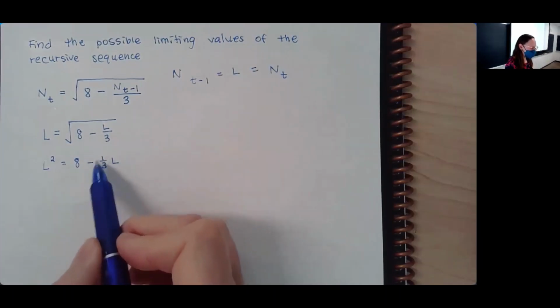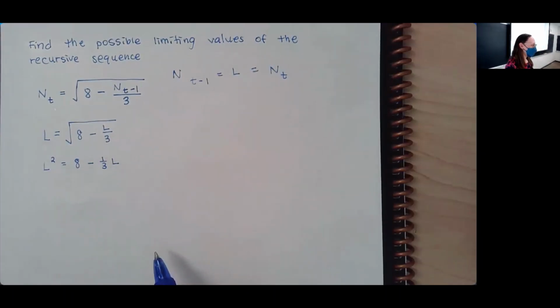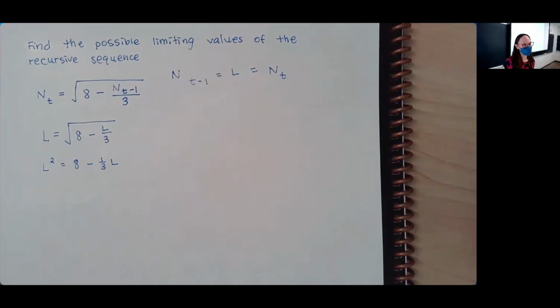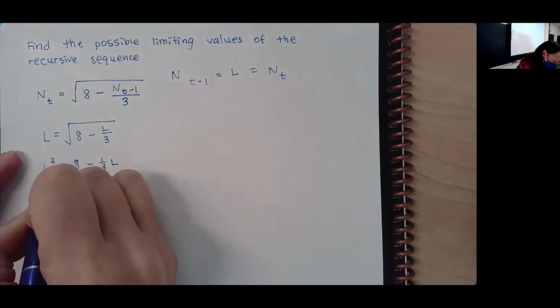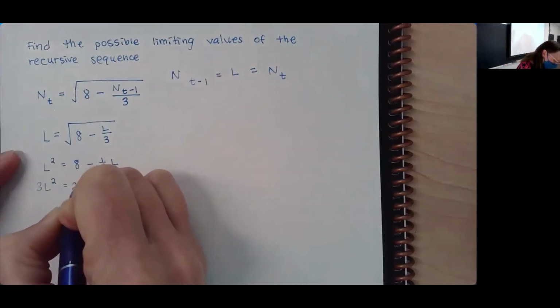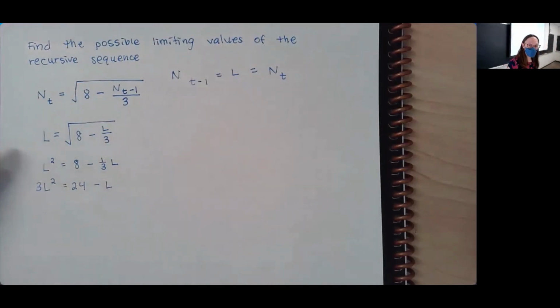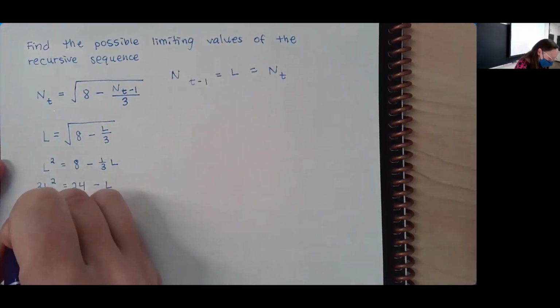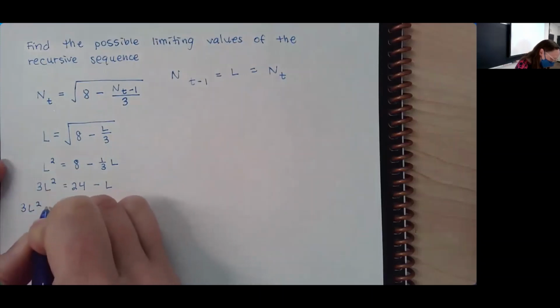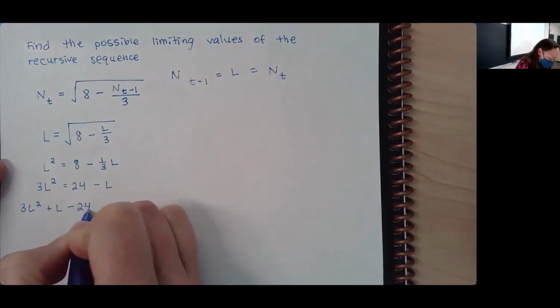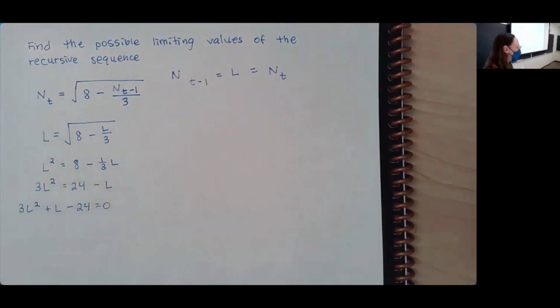You can drag around that 1/3 with you, but especially if I'm trying to do this on paper and without a calculator, I'm going to multiply by 3 because I don't want to make a mistake with fractions. So I'm looking at 3L squared is equal to 24 minus L. And if I put everything on the left-hand side, that's 3L squared plus L minus 24 is equal to 0.